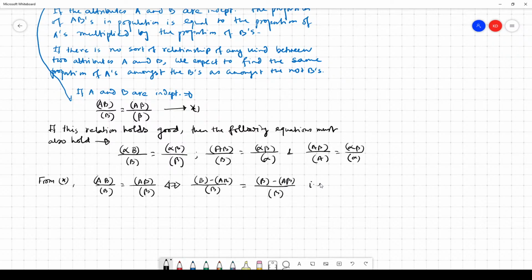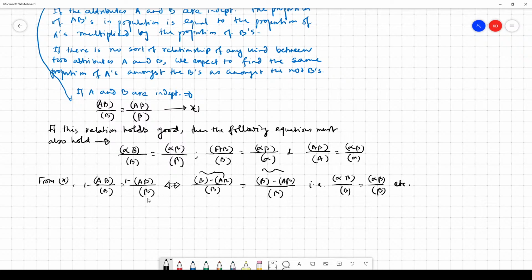This is nothing but B minus AB, which is nothing but αB, so (αB)/B equals this, nothing but (αβ)/β, and so on.